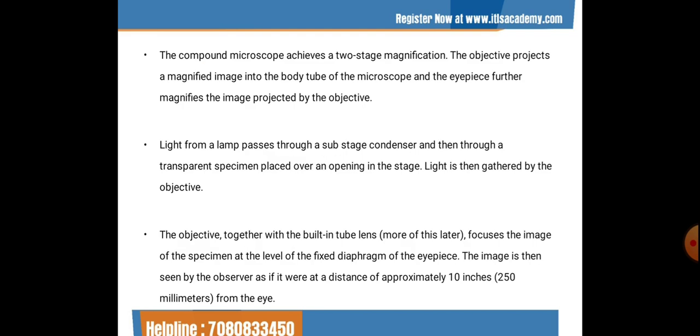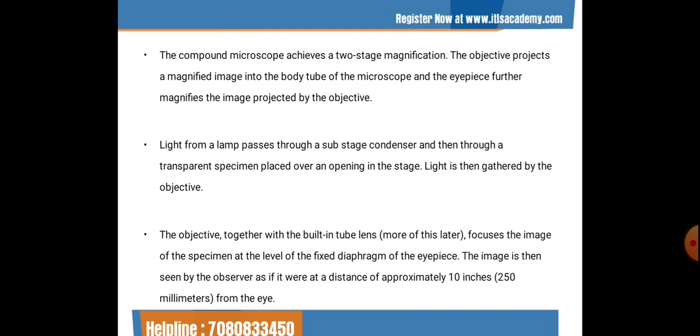The compound microscope achieves a two-stage magnification, as it is an advanced modification of the simple microscope. The objective projects a magnified image into the body tube of the microscope, and the eyepiece further magnifies the image projected by the objective.